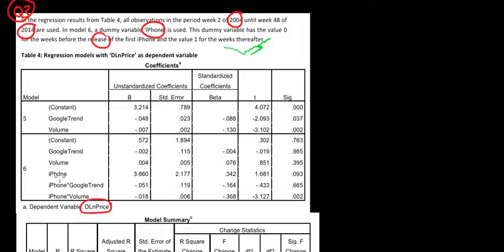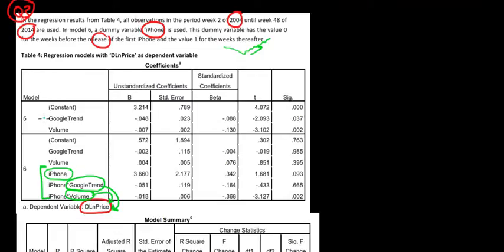So how would we do that? We include this dummy variable, the iPhone dummy, and then we take into account the effect of the release of the iPhone on the effect of Google trend on the change in the logarithm of the price, and the effect of the volume of the shares traded after the release of the iPhone on the change in the logarithm of the price. So we're adding 3 more variables in the model.